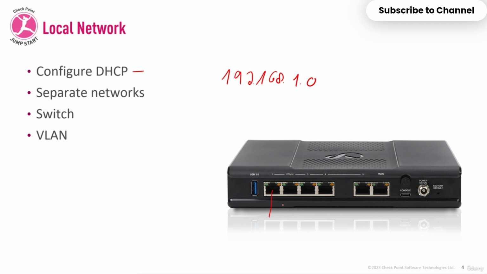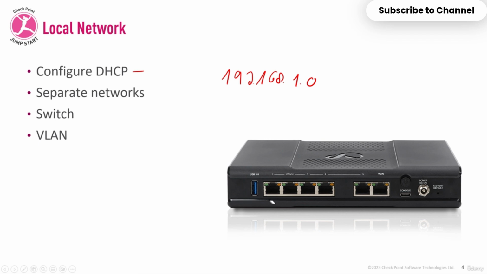You can configure each port to act as part of the same network, meaning same LAN, or you can split it into separate networks. So either this will act as a switch or as different networks.